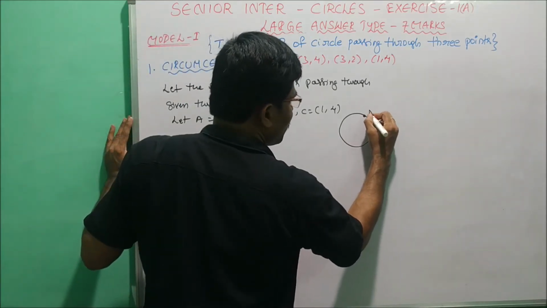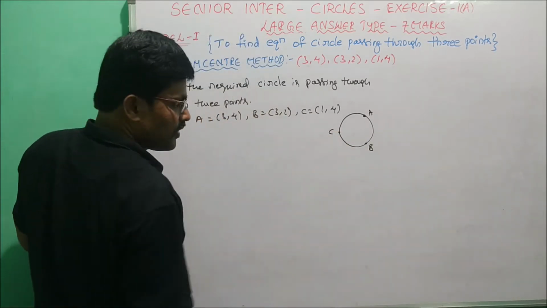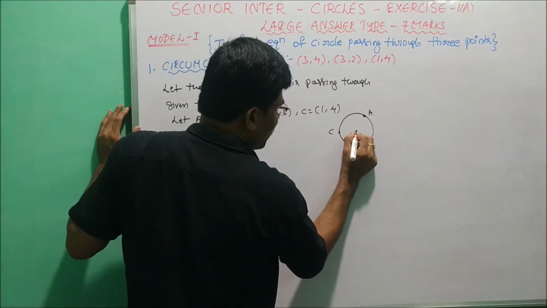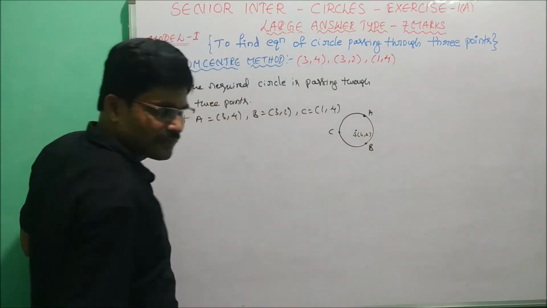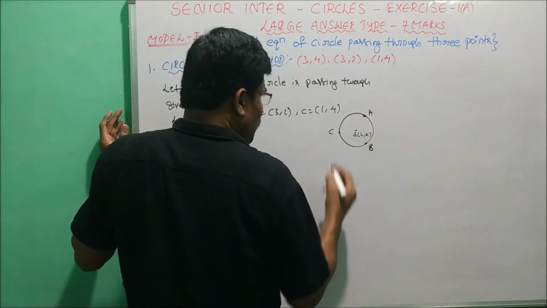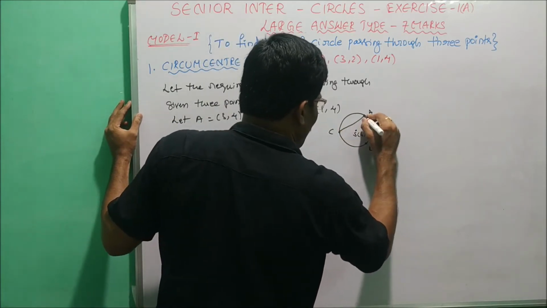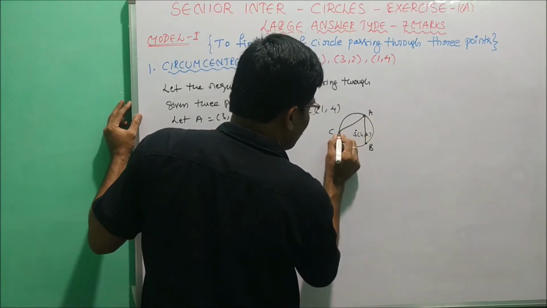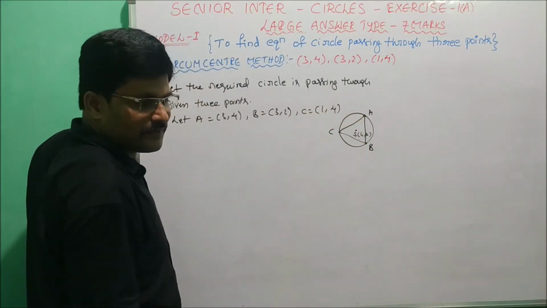Here we take this as A, this as B, this as C. Let us assume that the center of the circle is S(h,k). Here, clearly we observe, join the points AB, AC and BC. This forms a triangle.